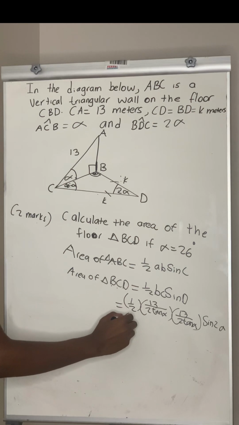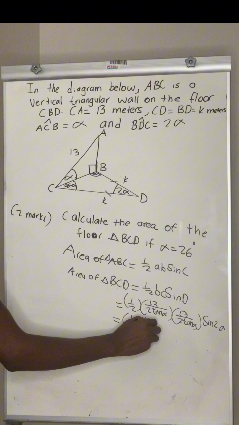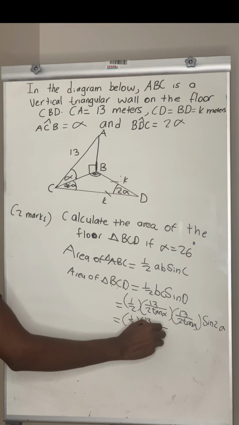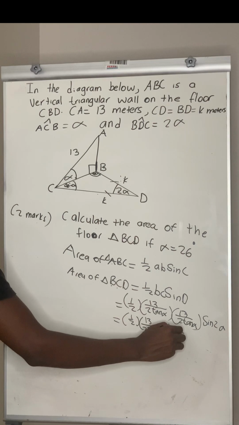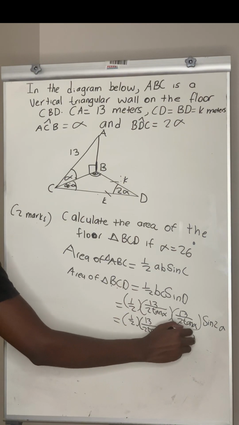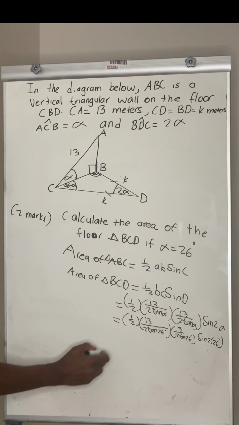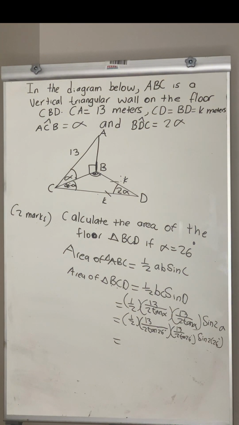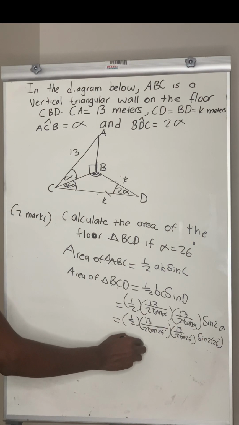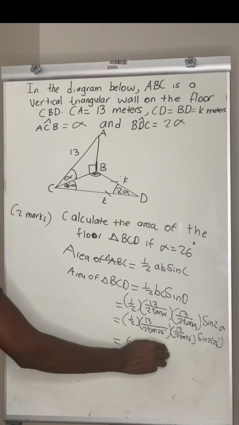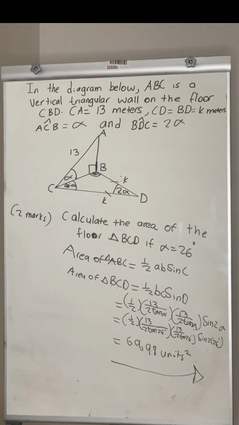So it's 1 over 2 times 13 over 2 tan of 26 degrees times 13 over 2 tan of 26 degrees times sine of 2 times 26 degrees. Finally, you use a calculator and punch all of this in, and you're supposed to get 69,98 units squared. So this is the area of triangle BCD.